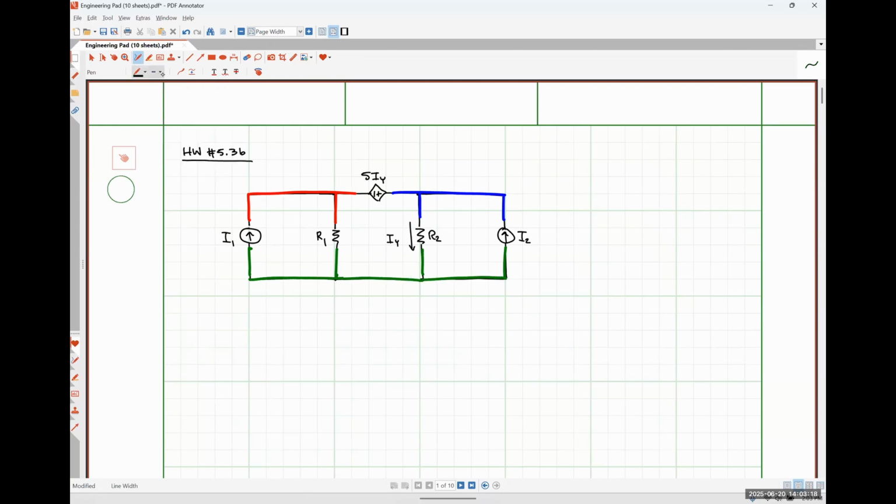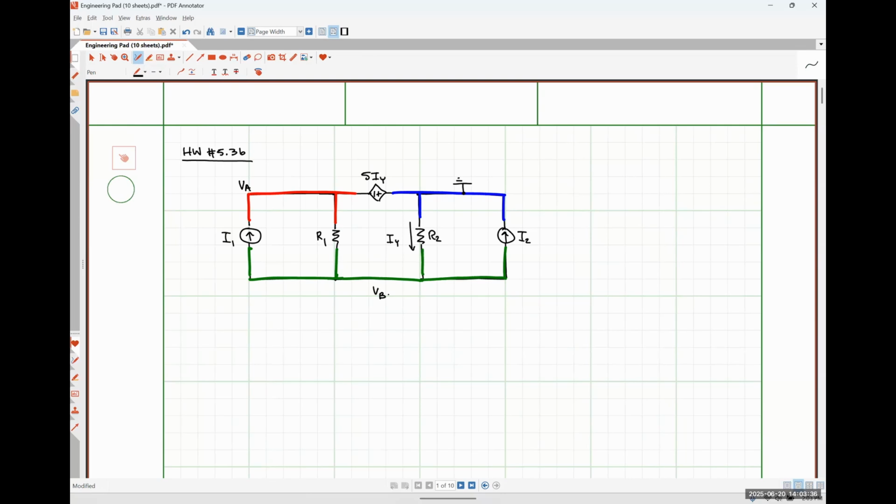And if we put our ground at the top right node, I'm going to call this guy right here node A, and this guy down here node B.